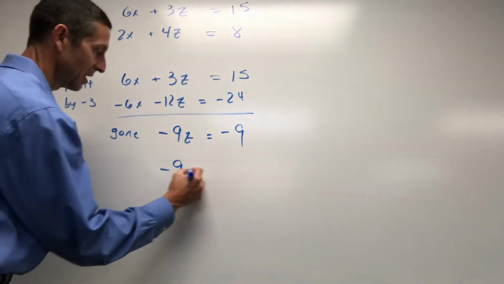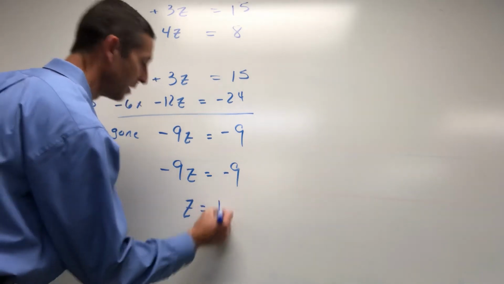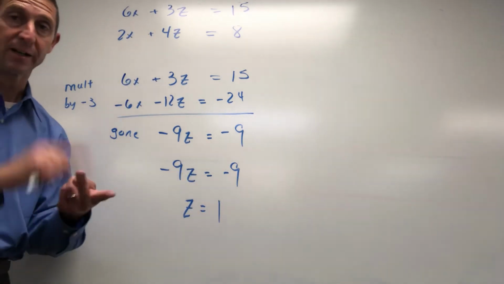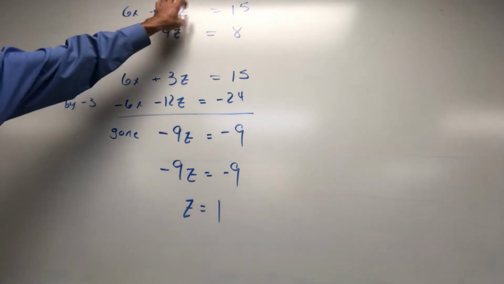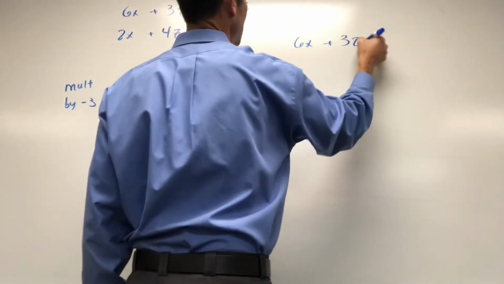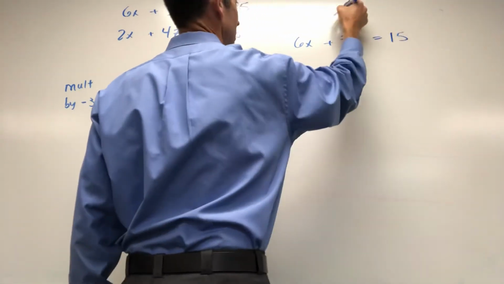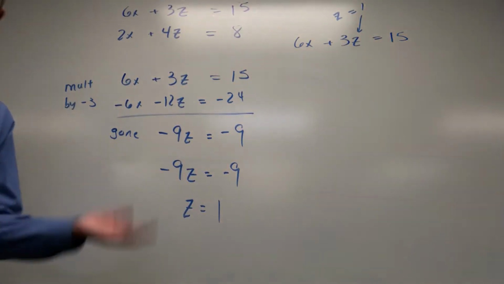And guys, just like that, we've got our first answer. We've got to solve for x, y, and z. I now know z is equal to 1. Come back up, grab one of these right here, and plug back in. We know z equals 1. So this is just like elimination.